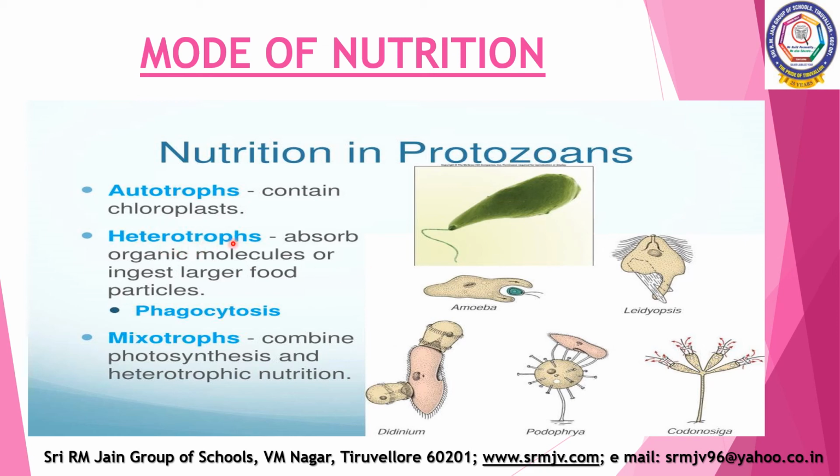What are heterotrophs? They cannot prepare their own food, so they depend on other organisms for food. Some protozoans feed by engulfing smaller particles of plant or animal matter. What is mixotroph? It is a combination of both autotrophs and heterotrophs.